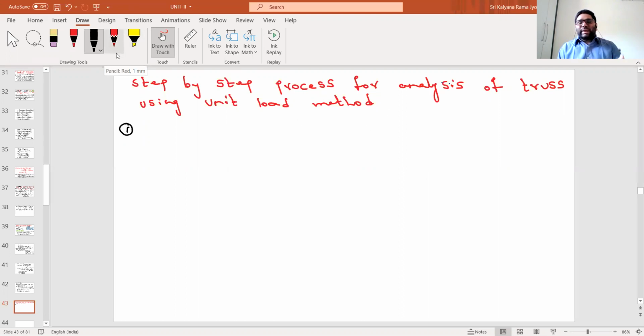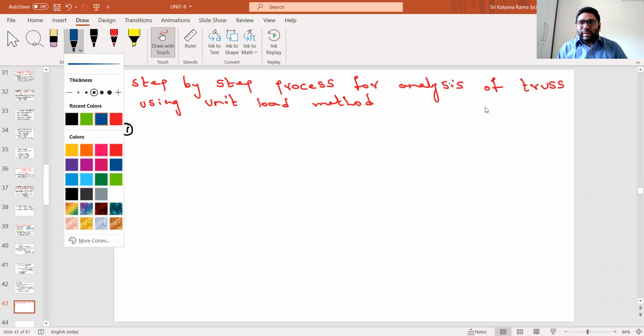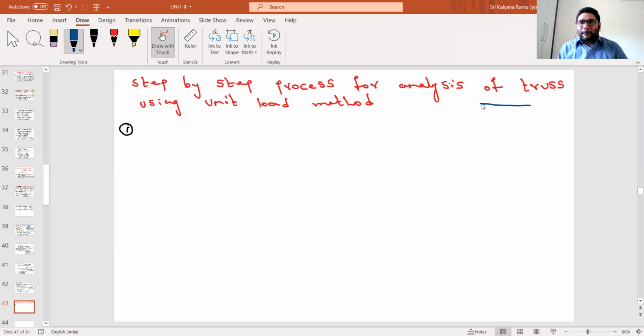So let me put it that if we are trying to calculate a deflection at a point, I'll also sketch a figure for your better understanding, so that you will get to know how we are using this method. If this is the truss, I'm just giving an example, it can be anything.